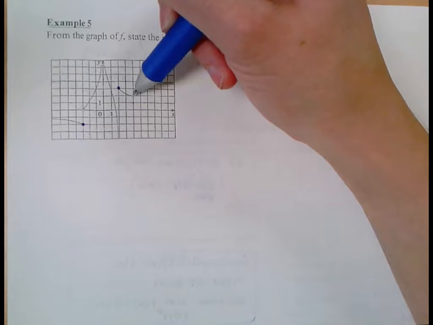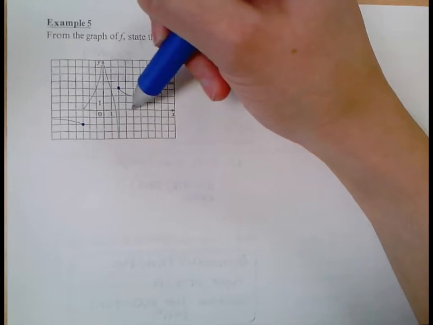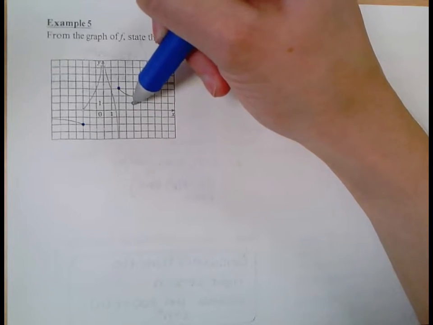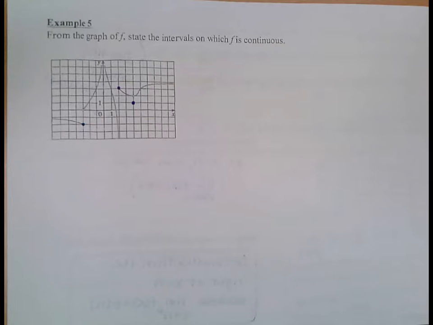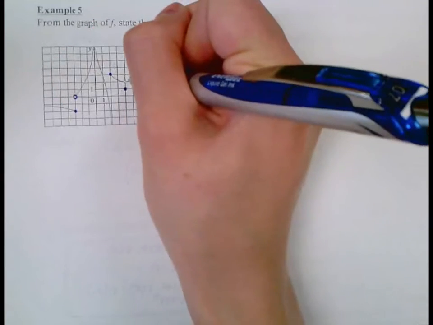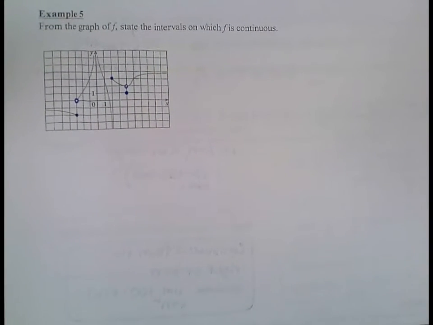And then there is a circle at 3, 2, and there should be a dot at 3, 1. Okay, so this question is just saying state the intervals where f is continuous.